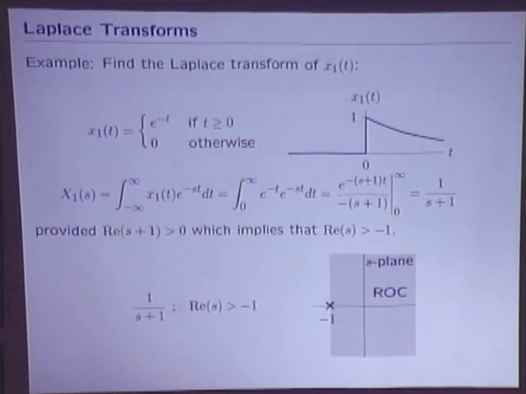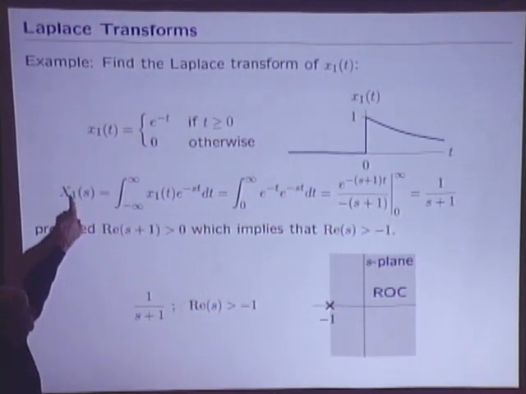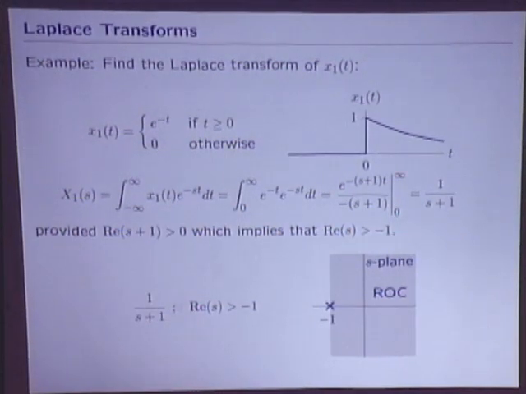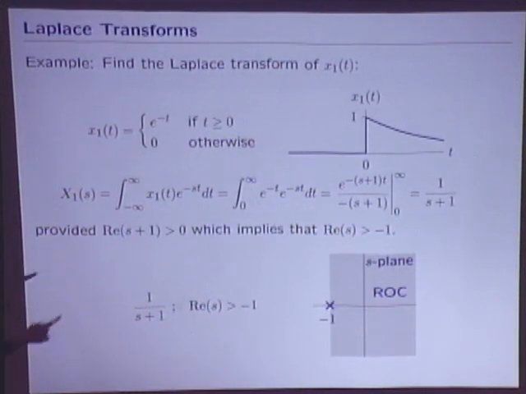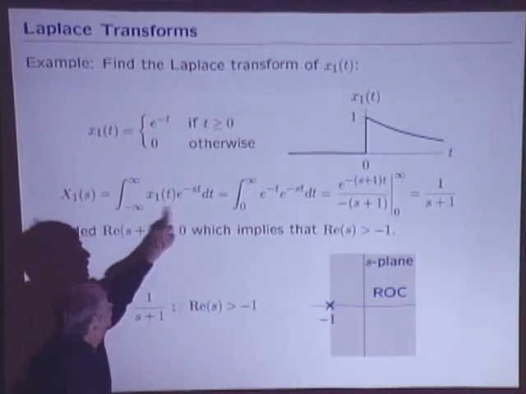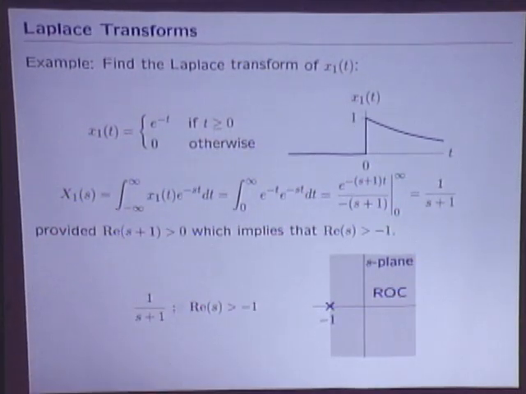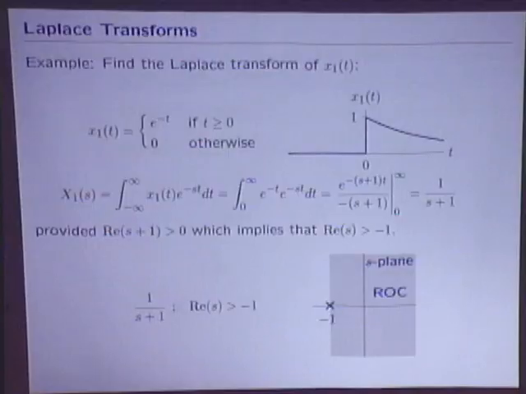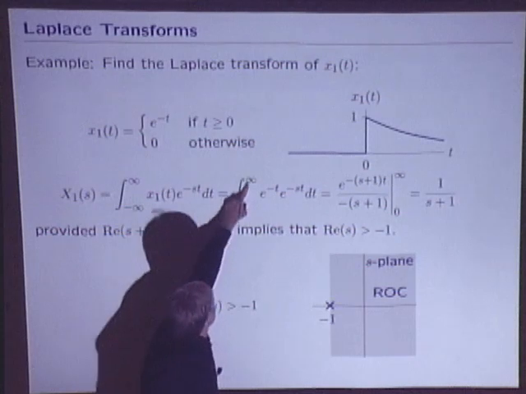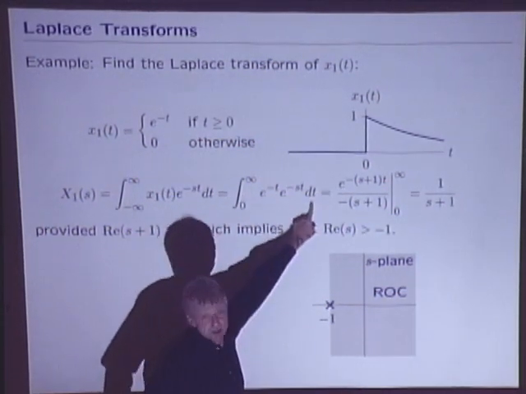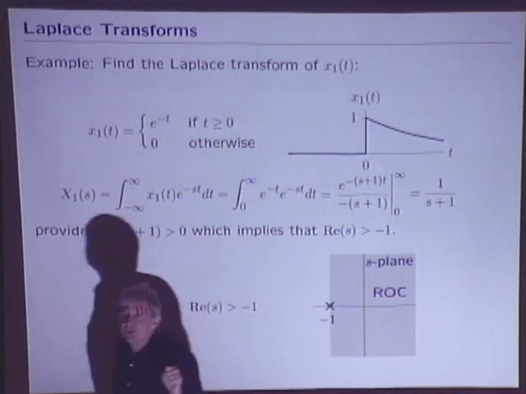So the X of s, the Laplace transform, is always the function of time integrated against e to the minus st. We're only doing bilateral, but notice that the 0 for t less than 0 cuts off the bottom. So in fact, you would get the same answer if you did bilateral or unilateral. And then we're left with running this integral over infinite time of this kind of a function, which comes out looking like this.